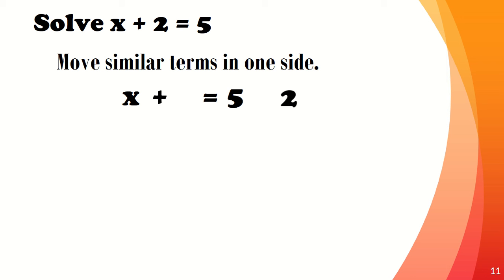So, it will become napunta doon. Then, you will also move the operation. So, plus. But since you move it to the other side, you have to get the inverse of addition. What is the inverse of addition? So, that will be subtraction. So, addition siya nung nandito, when you move it to the other side, mag-change siya. It will become subtraction. So, x equals 5 minus 2, we have 3.